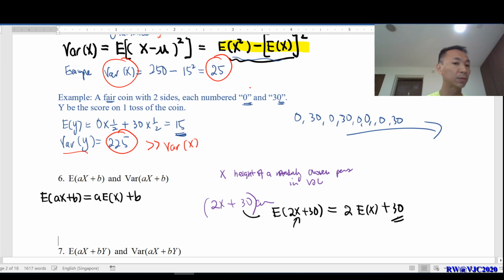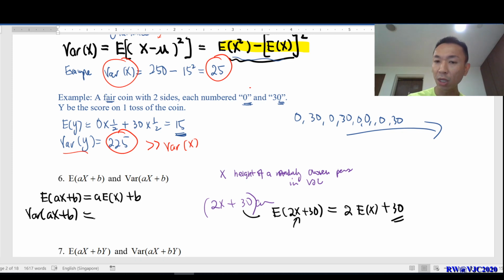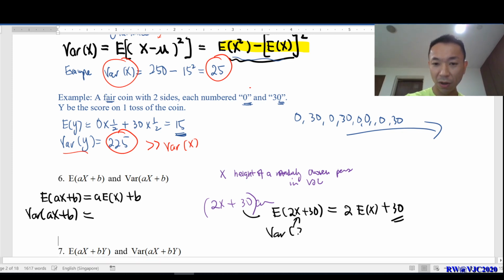Right? What about the variance of ax plus b? Now, first of all, remember the spread of the data. Now, if you have the variance of 2x plus 30, essentially, let's not use the 2x first.